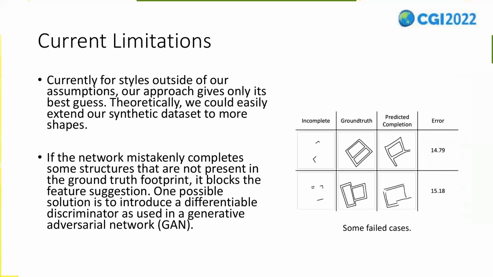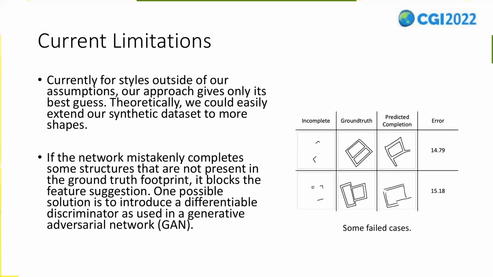However, our approach has some limitations. First of all, currently for styles outside of our assumptions, our approach gives only its best guess. However, theoretically, we could easily extend our synthetic dataset to support more shapes.